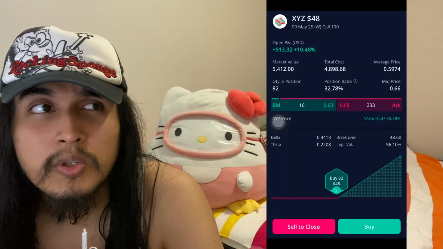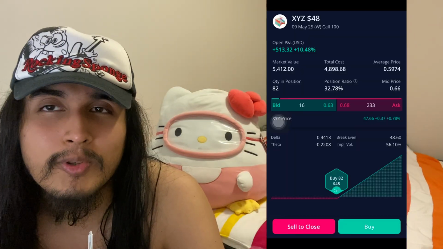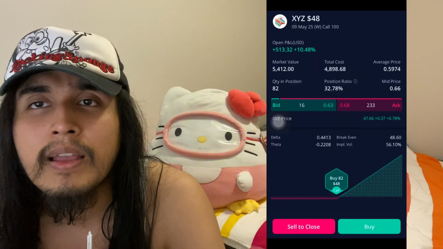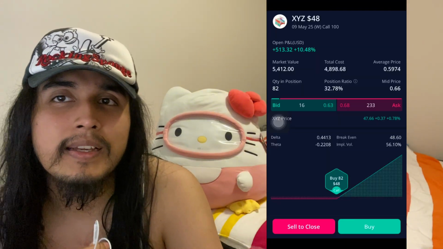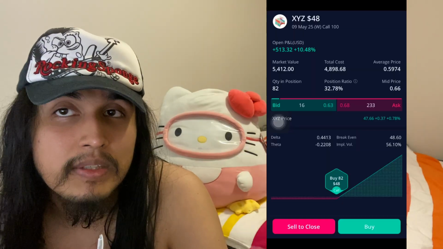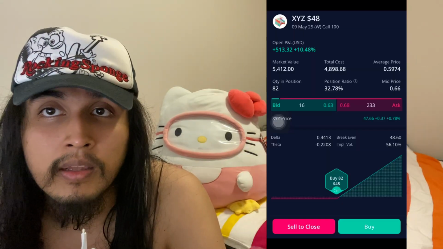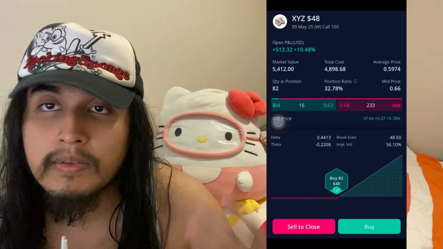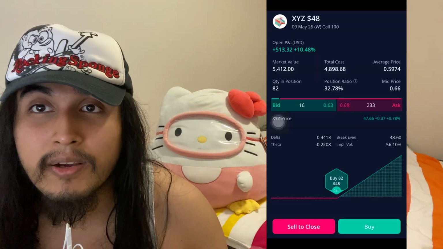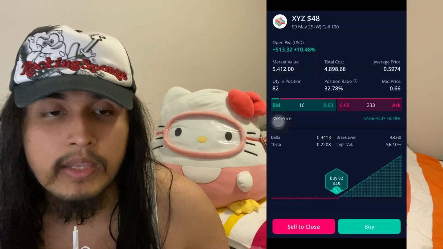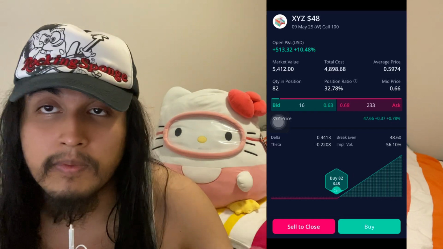Now, if it's a swing trade, I try to aim for the same targets as well, either 10 or 15%. Usually, if I'm feeling confident, like I said, I'll try to aim for a 15 or a 20% target. But sometimes, depending on my risk tolerance, I'll try to aim for a higher percentage target, and I'll just go from there, honestly.